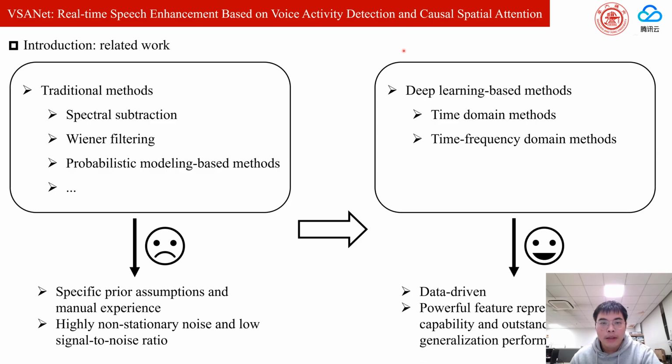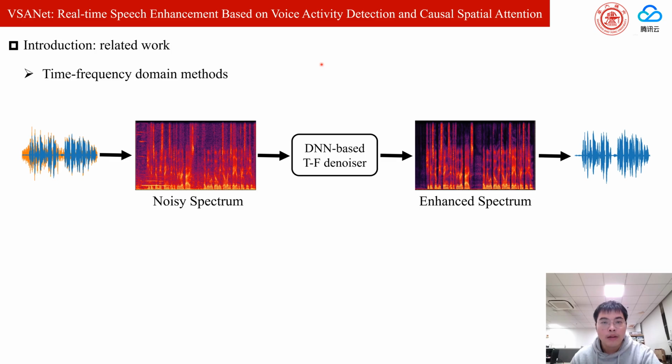The deep learning-based methods are data-driven, and deep neural networks have illustrated powerful feature representation capability and excellent generalization performance. The time-frequency domain methods are currently more widely used. They first convert the noisy speech waveform into the noisy spectrum by time-frequency transformation technique.